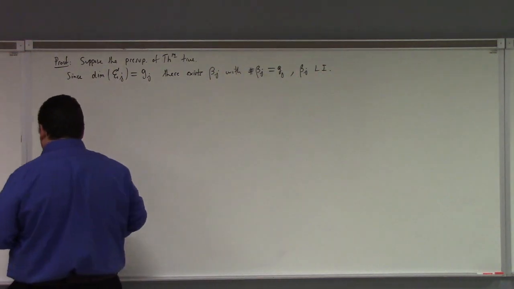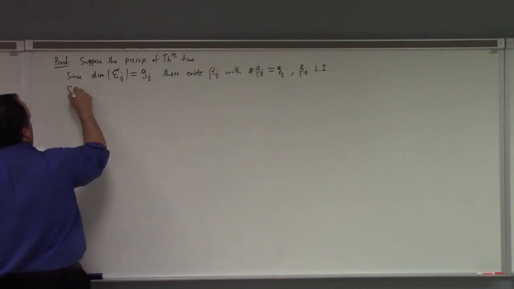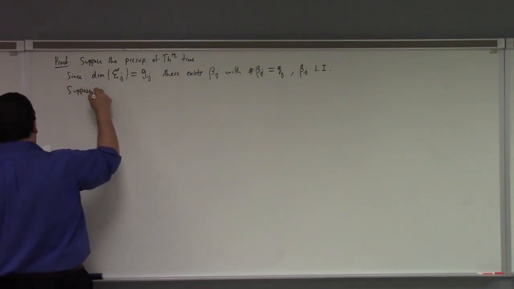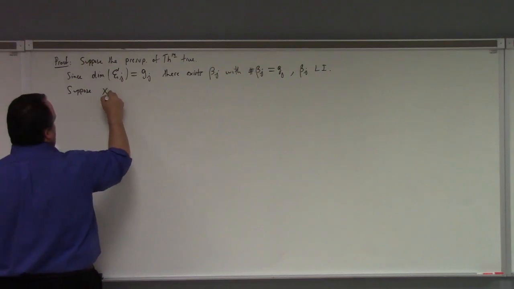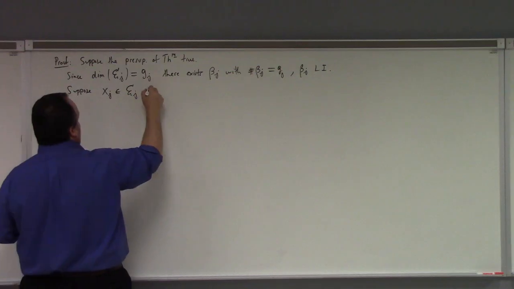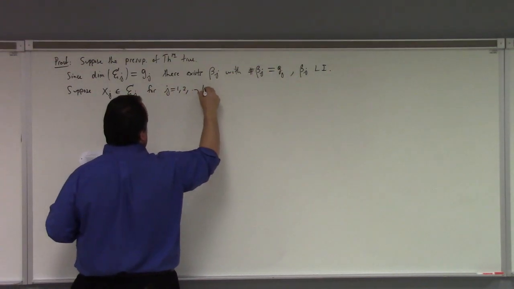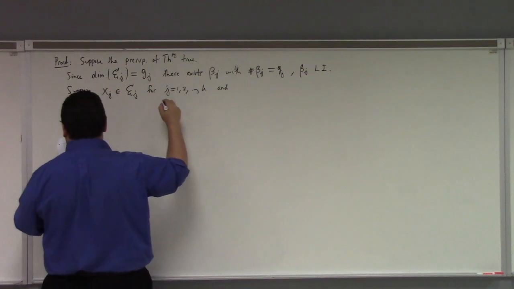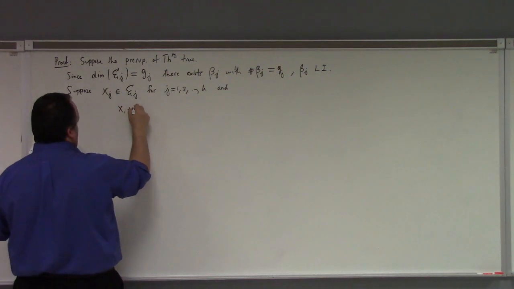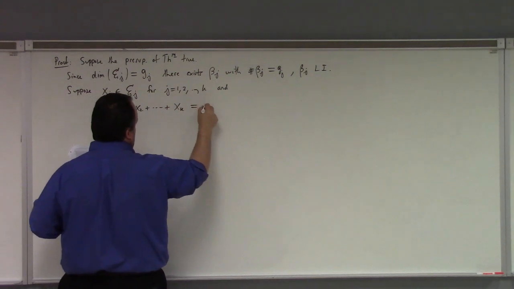All right. So let's suppose that x sub j is an element of Ej for j equals 1, 2, all the way out to k. And let us suppose that x1 plus x2 plus dot, dot, dot plus xk is equal to 0.